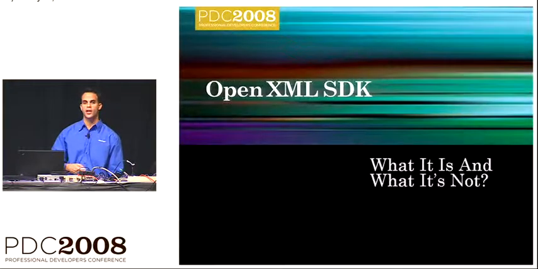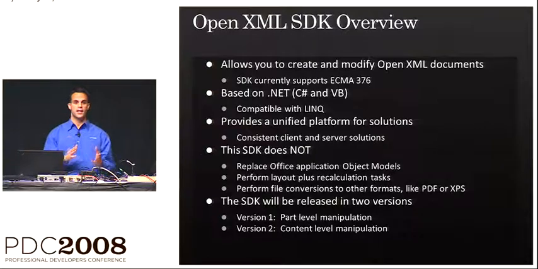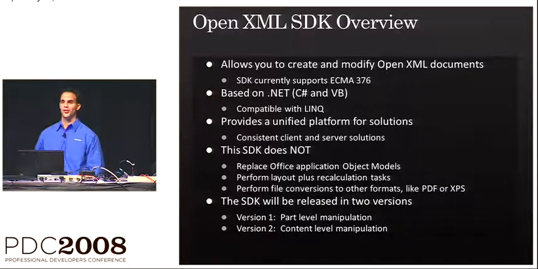All right, so I showed you a solution that worked on the SDK. Now let's talk about what the SDK is. So first and foremost, the SDK is a file format API dedicated to the OpenXML file formats. It's actually built off of .NET technology. So that means you can program in your favorite .NET language, in my case, C#.